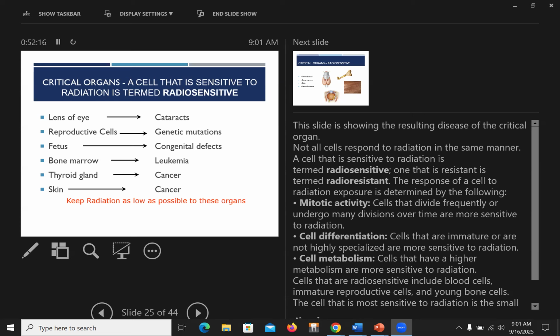The reproductive cells, obviously we talked about that, genetic mutation. If it's the fetus or a new pregnancy, there can be congenital defects. So the baby can be born with different issues. Bone marrow, so not bone cells, but bone marrow, because they're constantly generating all kinds of important cells inside of the bone marrow. So that can lead to leukemia.